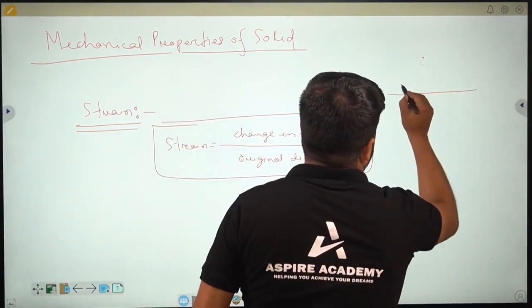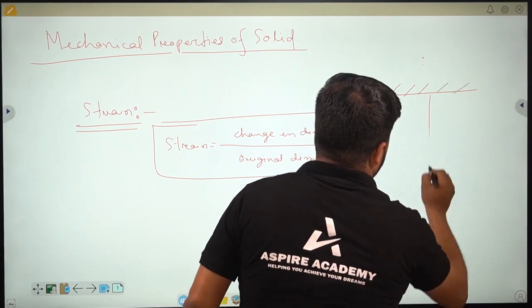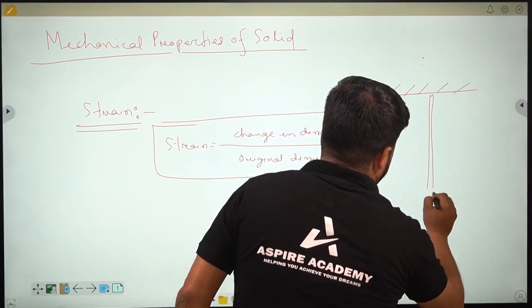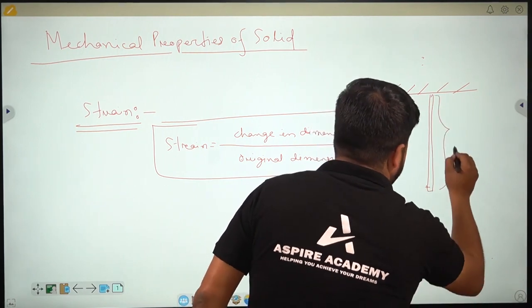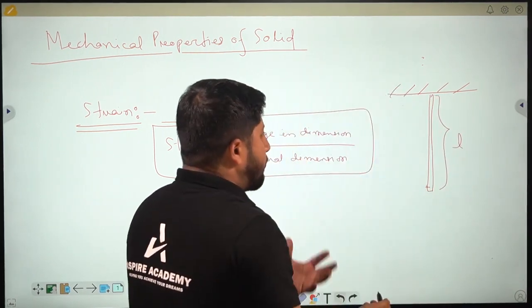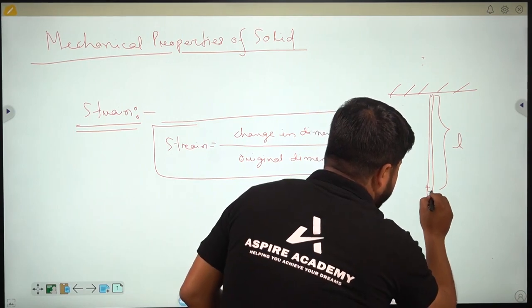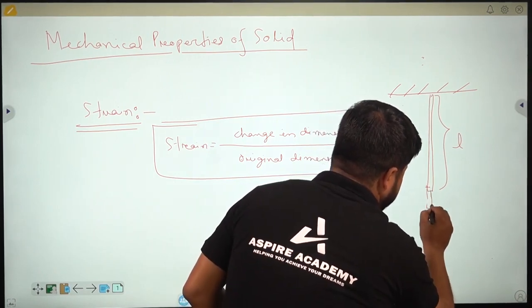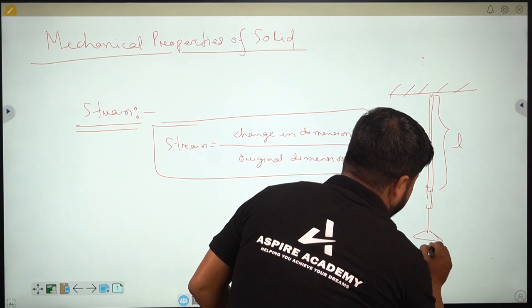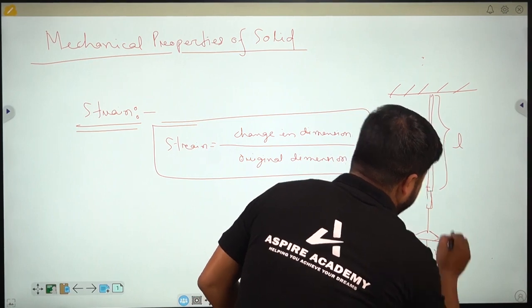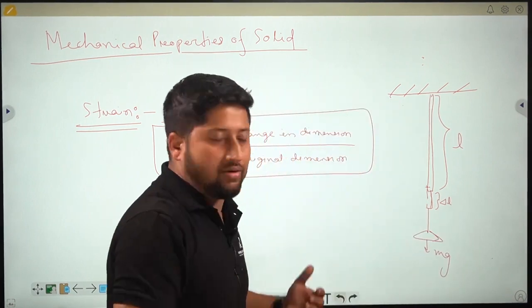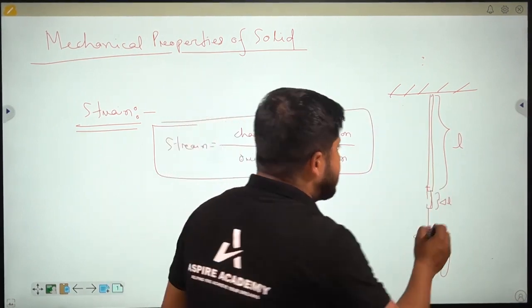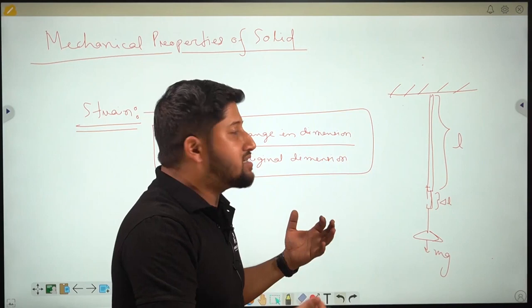Now we are giving one example here. Suppose this is a wire of length L. If we apply some weight here, mg weight, this much of length will increase. This length we can consider as del L. How can we represent this strain?